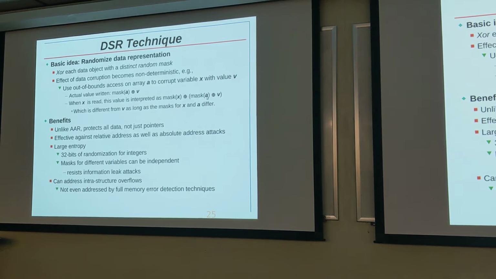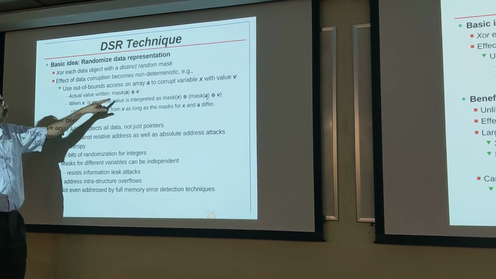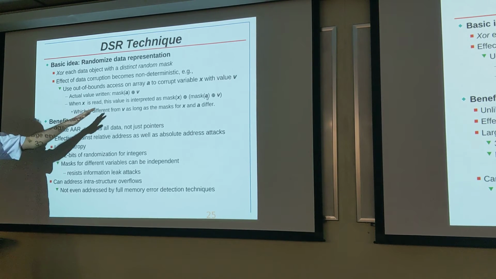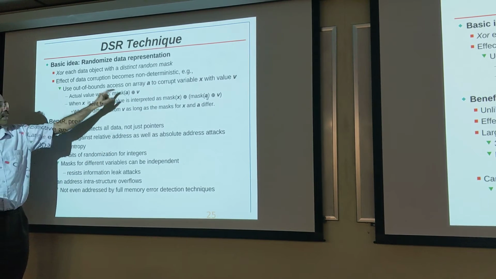But if there is a buffer overflow, where you write to A but overflow past the end of A and end up writing X, then the value is written with A's mask.